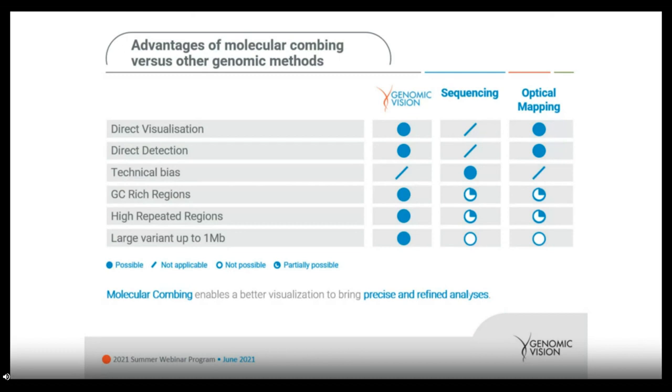That can be any kind of sequence, even GC-rich regions or repetitive regions or large variants that are more than 1 megabase. So this is the strength of using single DNA molecules and our GMC together.